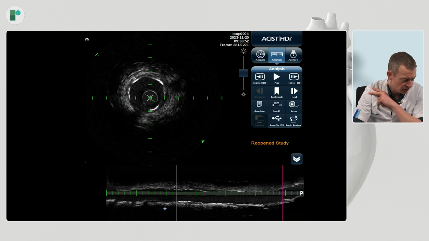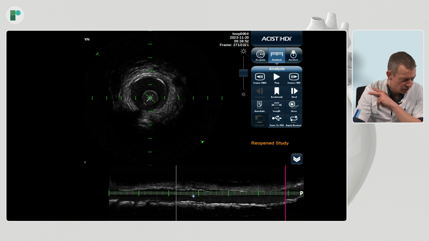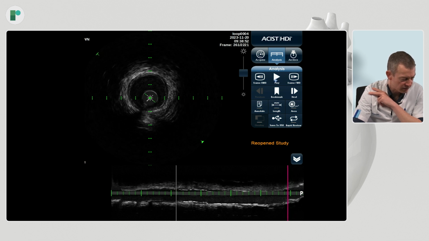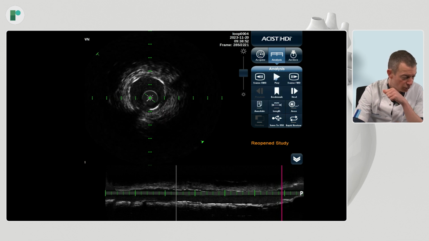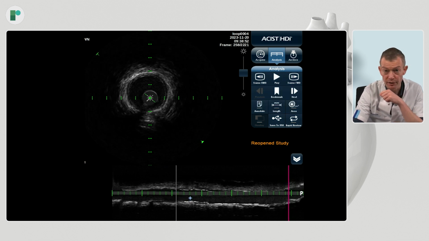So now I think you don't need to be an IVUS expert to see that we met our optimal stenting criterion for the distal edge. Because 1, we don't have edge dissections. 2, the plaque burden at the distal edge is less than 50%, which is critical. And that's where most of us make mistakes.